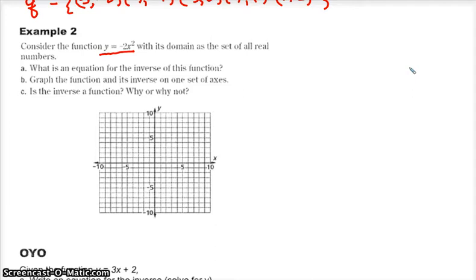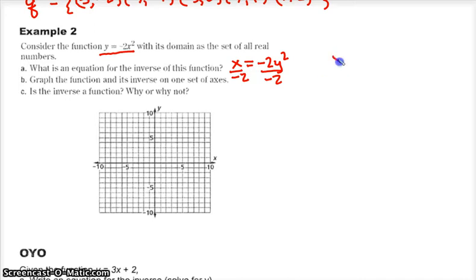As we mentioned at the beginning, to find the inverse, I switch my x and y values. So I rewrite what I've got as x equals -2y squared. Now, I'm going to want to solve for y so we can see the inverse of the original function. To solve for y, I need to start moving everything away from it, so I'll divide here by -2.